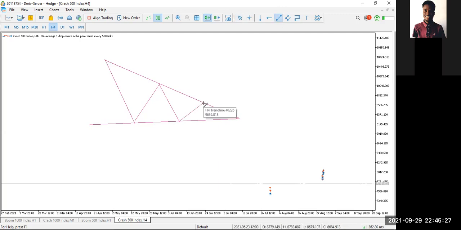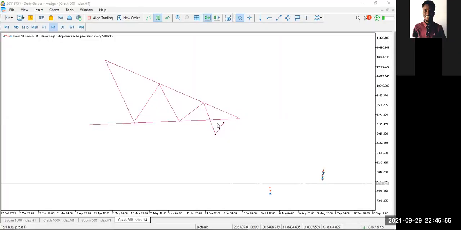And then what are we watching out for? A breakout out of this zone. Now we're watching out for a breakout and retest of this zone. Retest back to this zone and then to the downside.